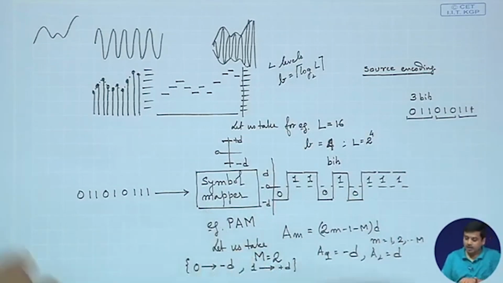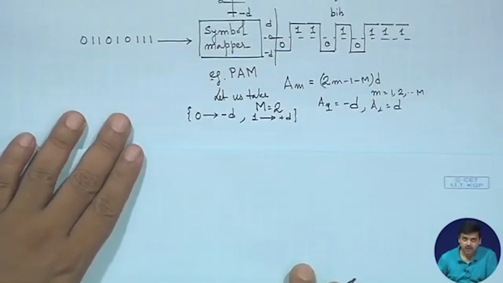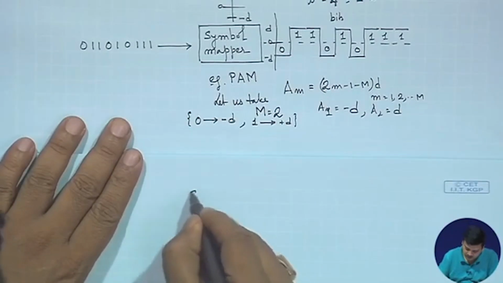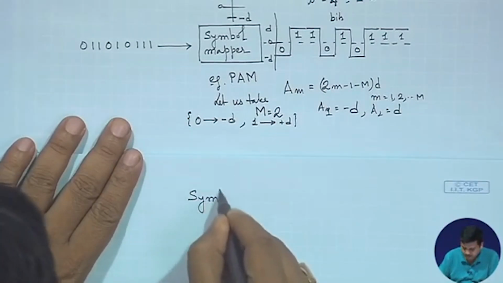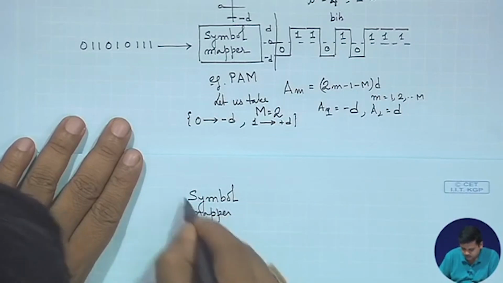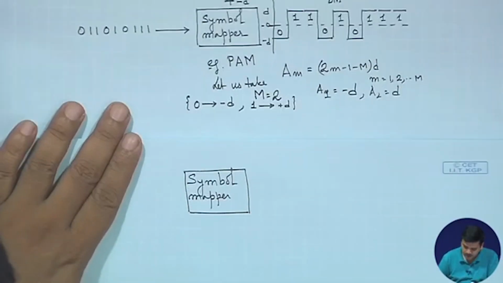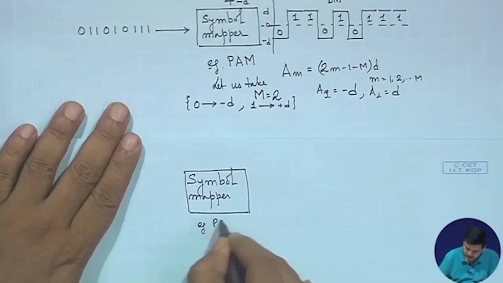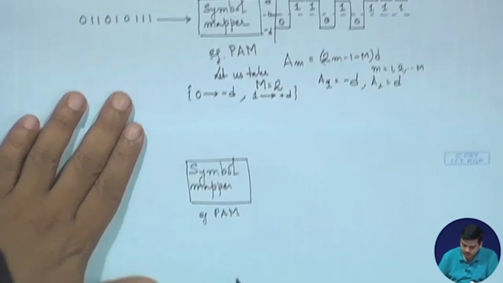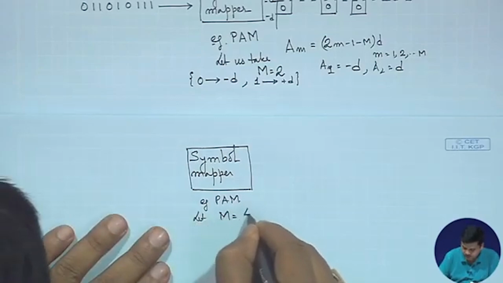You could also get things clearer if you consider that let our symbol mapper be the one that is with us. Again, we will take the example of PAM, because that is what we have learnt. Let M is equal to 4.